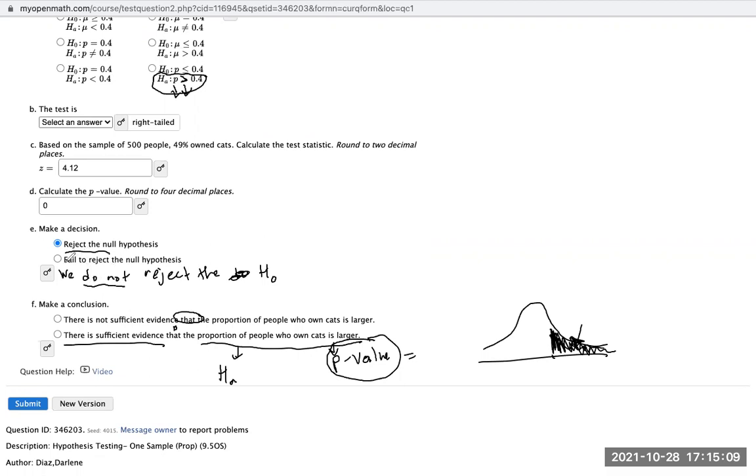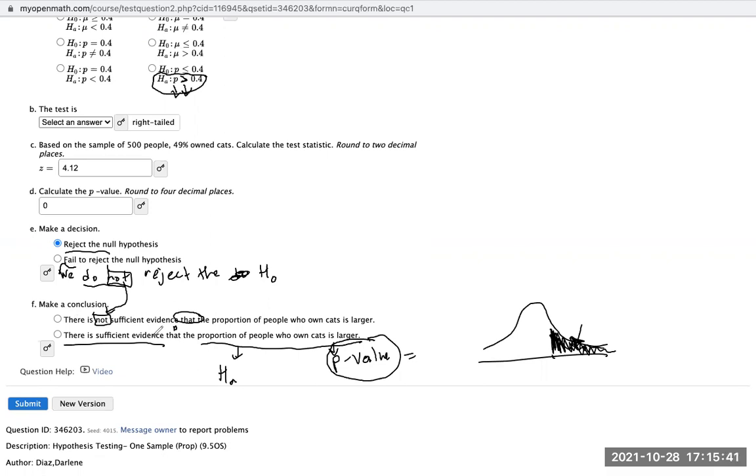If you rewrite fail as we do not reject the null hypothesis, then you can think about the not here matching with the not sufficient evidence there. Those two will always go together. If we do not reject the null hypothesis, there is not sufficient evidence, because we really are hoping to reject the null hypothesis.